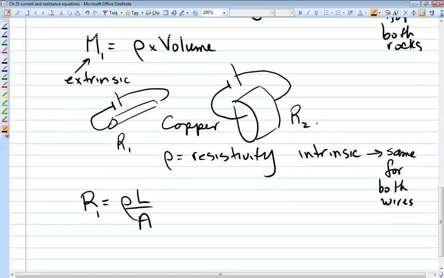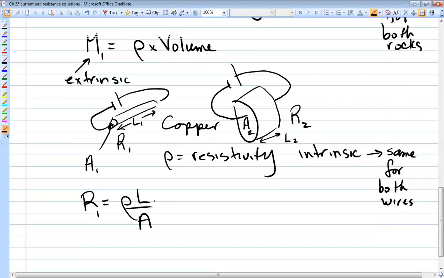And it depends on the shape of the piece of copper. It also depends how you hook it up. So the A that we're talking about is the cross-sectional A through which the current is trying to flow. So this A2 is a lot bigger than A1. And L is the length across which the current is trying to get through. And so L1 in this case is a lot bigger than L2.